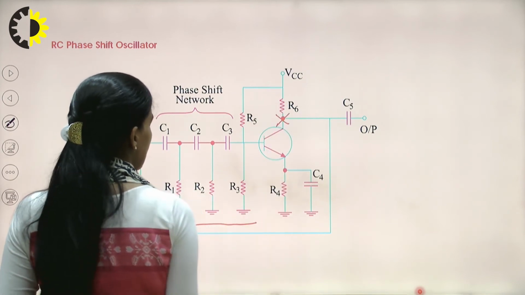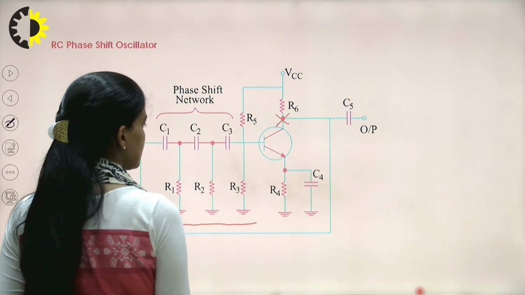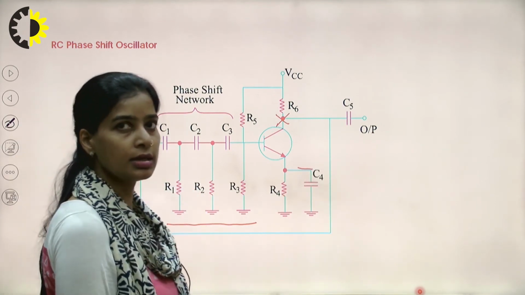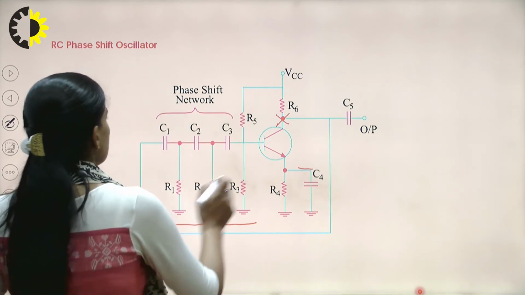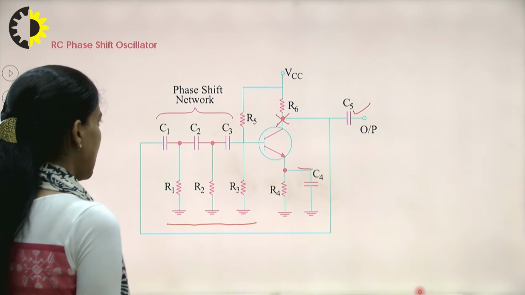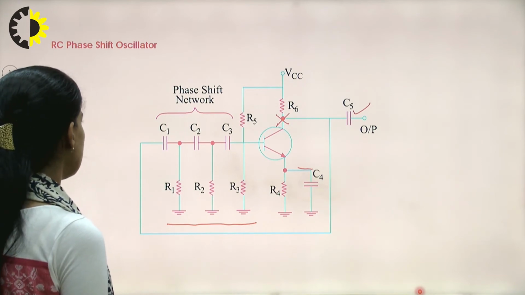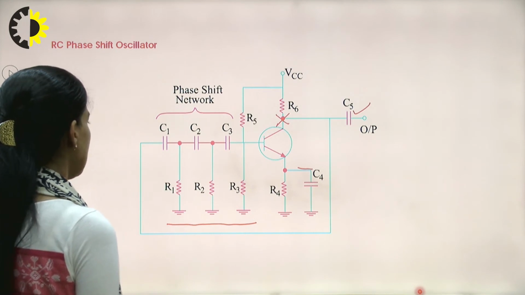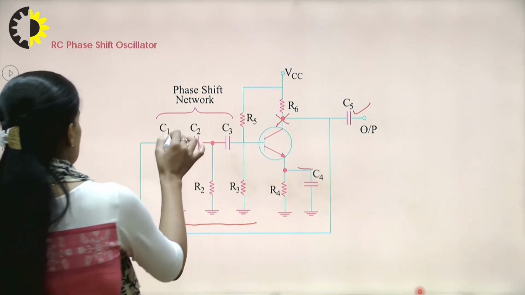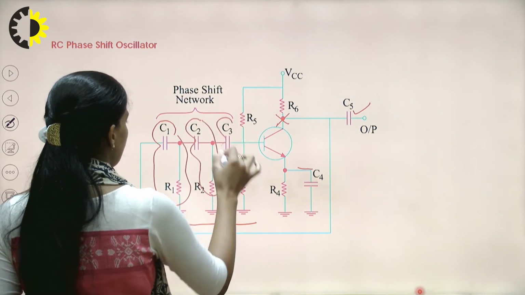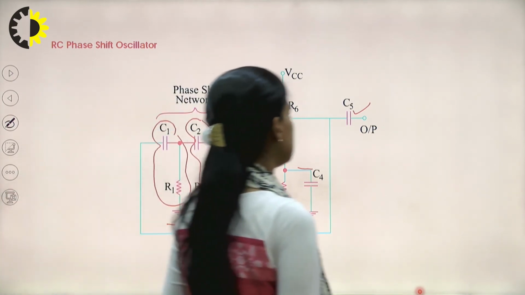In the emitter branch, one resistance R4 is connected through this bypass capacitor C4. C5 is the coupling capacitance that is connected at the output side of this RC phase shift oscillator.